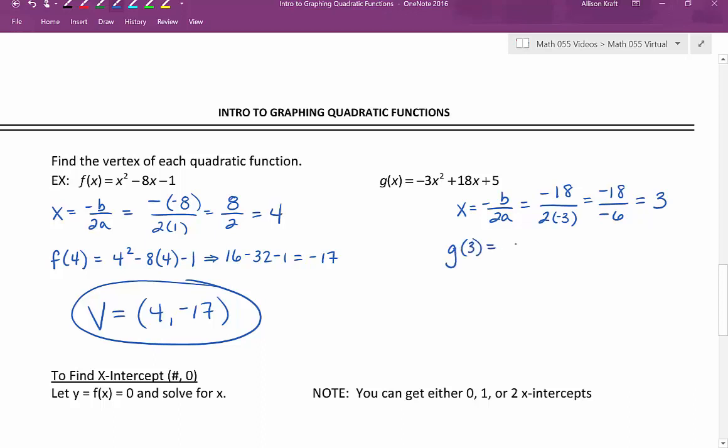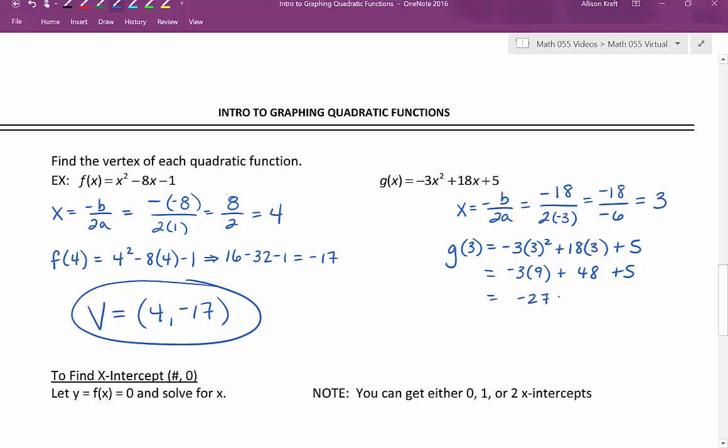We're looking for g of 3. Negative 3 times 3 squared plus 18 times 3 plus 5. It's going to be negative 3 times 9 plus 48 plus 5.